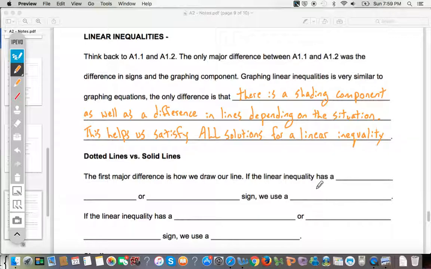So, our first difference here, dotted lines versus solid lines.